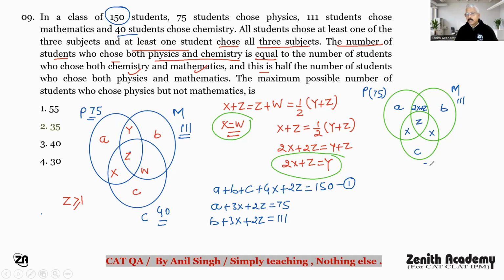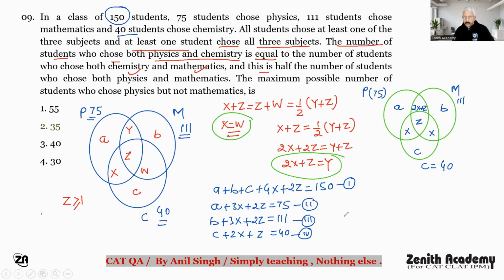And here chemistry is 40. So here C plus 2X plus Z. C, 2X plus Z is equal to 40. Equation number 2, 3, and 4.